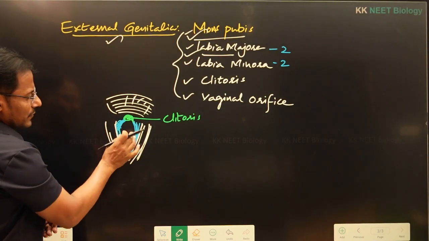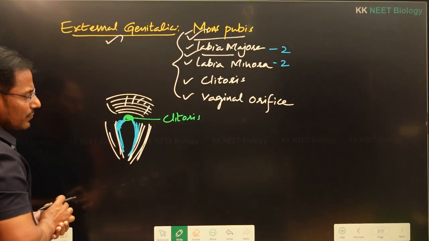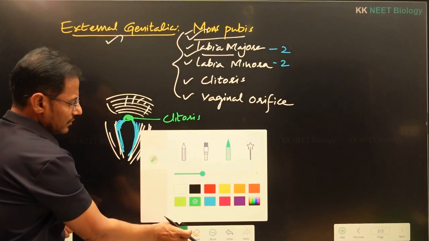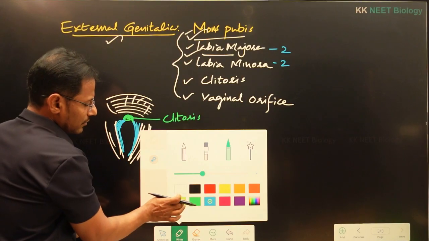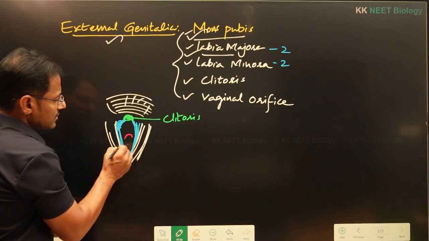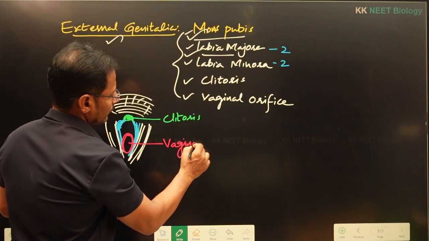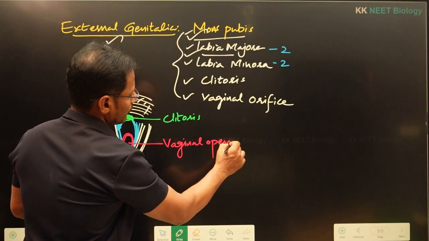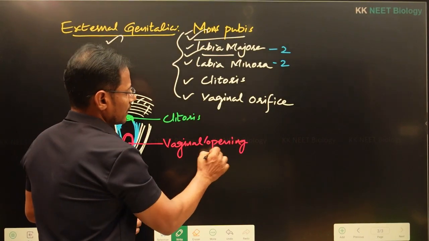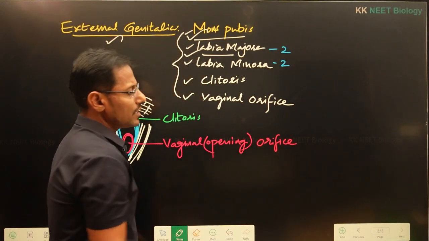There is a gap, a space between the two labia minora. In this gap we can see two kinds of openings. One is the vaginal opening, or the vaginal orifice.